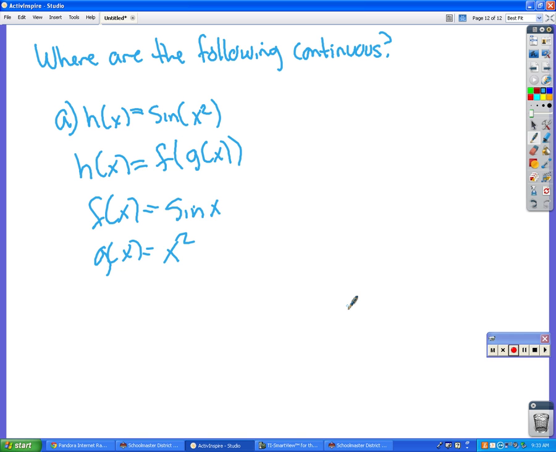And what is the domain of these two things? What's the domain of x squared? How far does it go that way, and how far does it go that way? Negative infinity. How about sine of x? Negative infinity. So this is everywhere on its domain, which you can write as all real numbers, or you can say negative infinity to infinity.